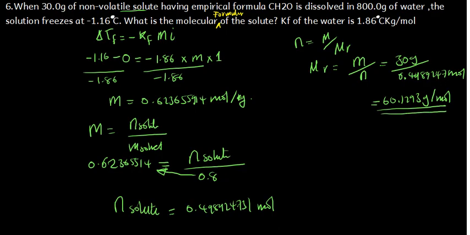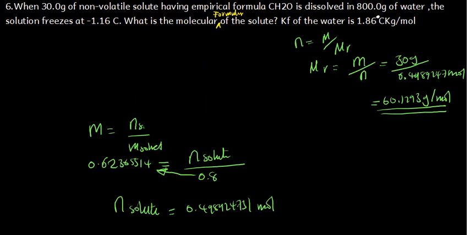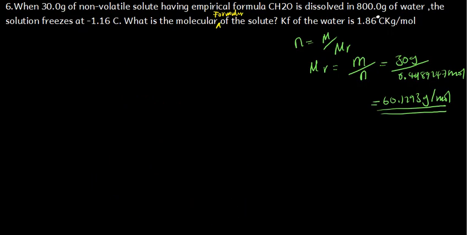Now we've been given the empirical formula, so let's calculate the empirical formula mass. How do we calculate it? We just get the empirical formula itself and look at the elements which we have. That is CH2O. We have oxygen having a molar mass of 16. Hydrogen, we have two of them, having a molar mass of 1.